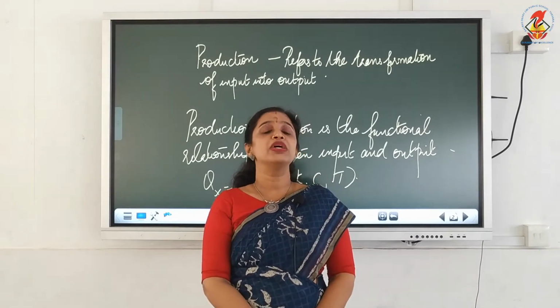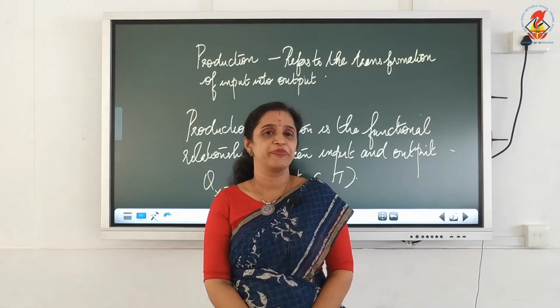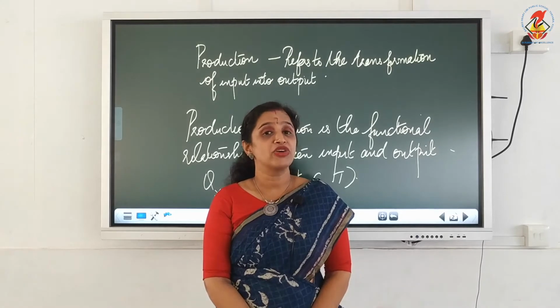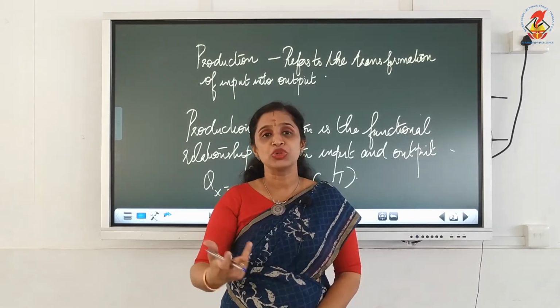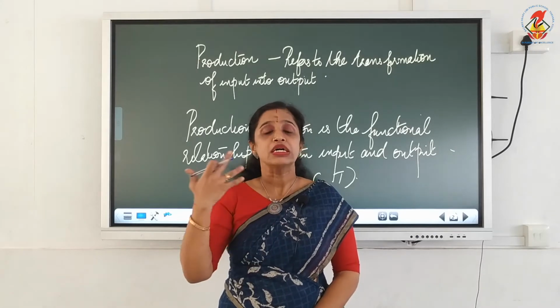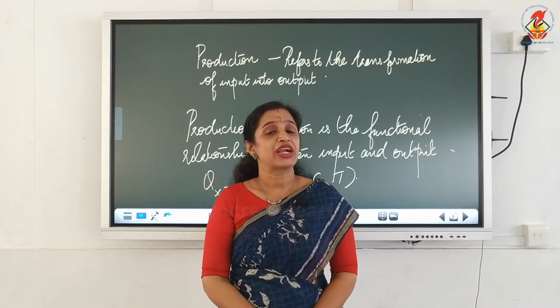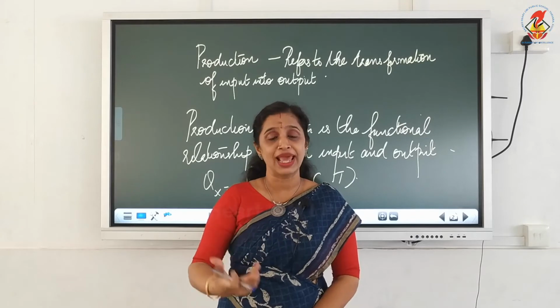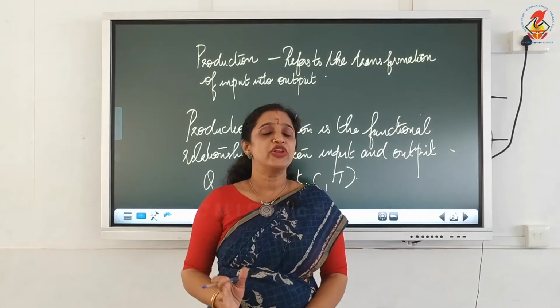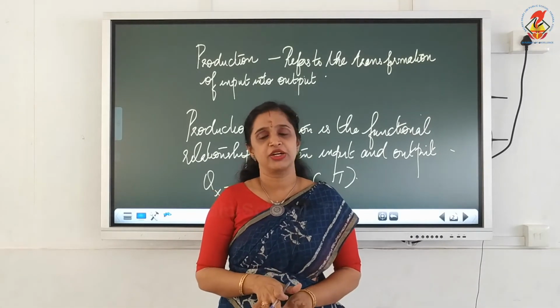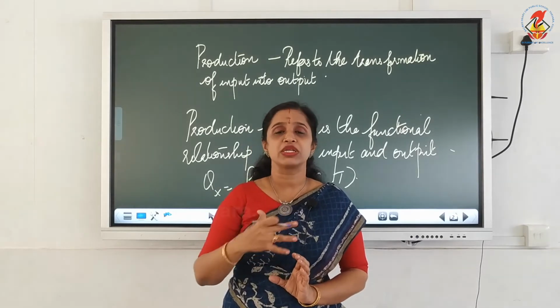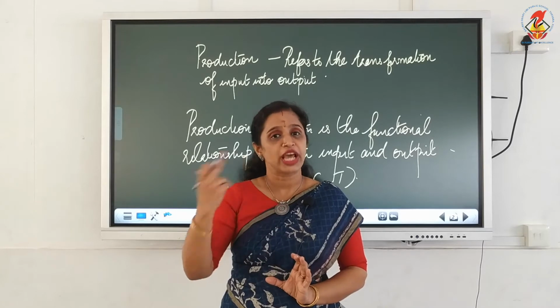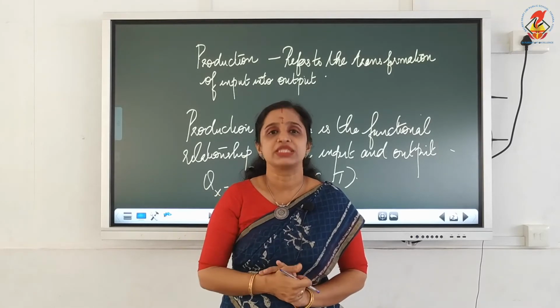Now for example, a biscuit manufacturing company. For the manufacturing of biscuit, we need different ingredients such as milk, sugar, wheat flour, then all the related factors such as machines, land, workers, etc. All these are the major inputs required, and when these inputs are combined, they get transformed into the form of biscuit.